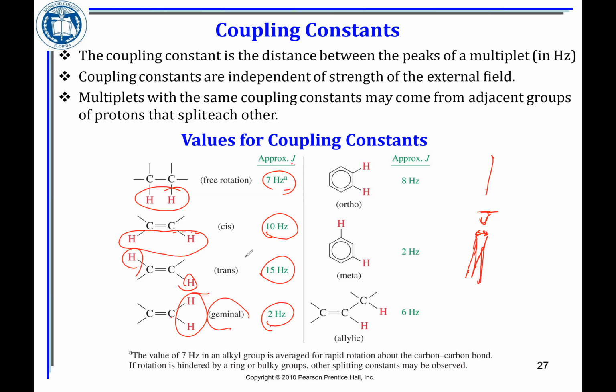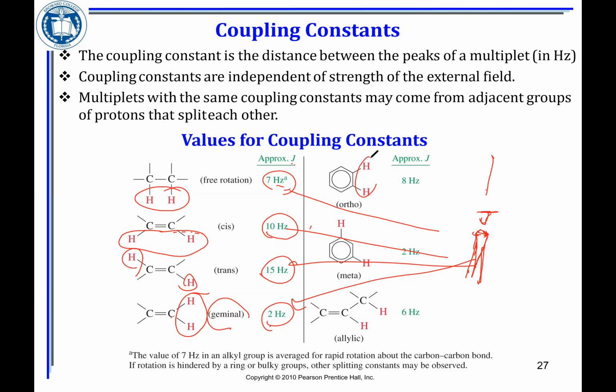So based on the distance between the 2 peaks in the splitting pattern, if this value corresponds to one of them, you can predict the type of hydrogens you're dealing with: whether the hydrogen is being split by a trans hydrogen, a cis hydrogen, or a geminal hydrogen.